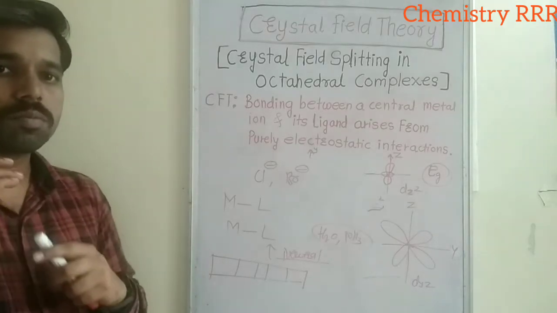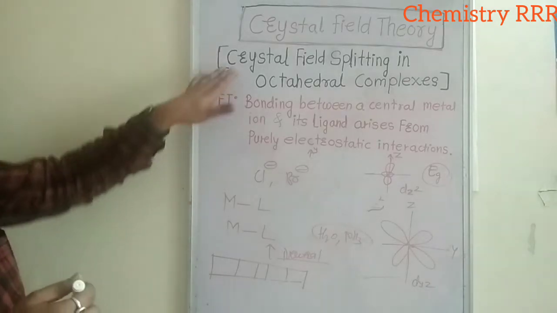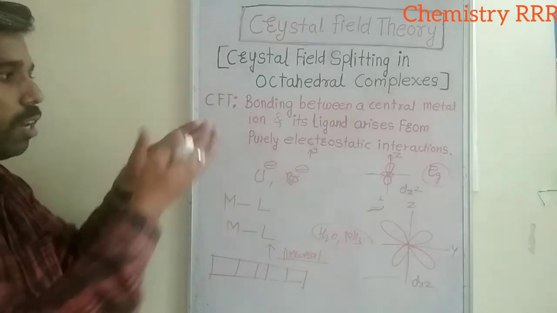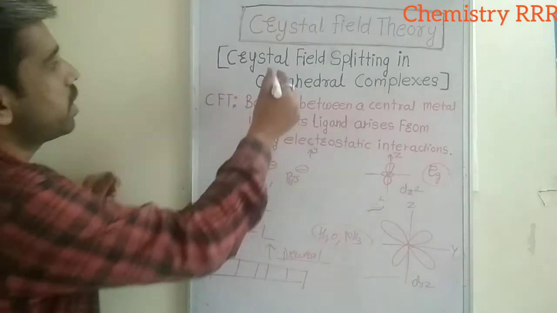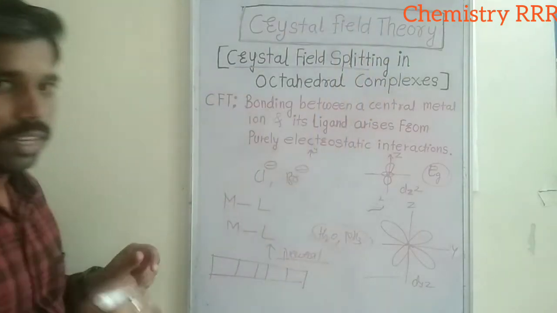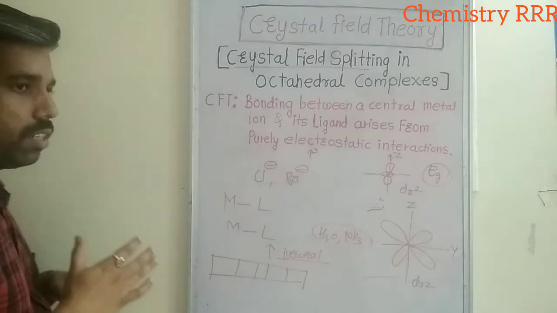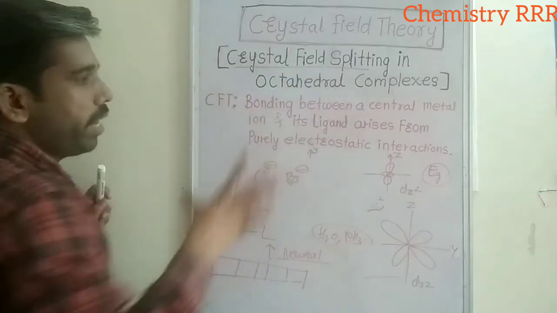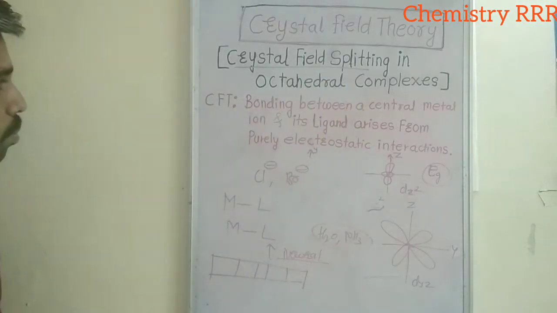Now let's discuss crystal field splitting in octahedral complex. The splitting of the orbital is called the crystal field splitting. In this lecture, we will discuss the crystal field splitting in octahedral complexes.